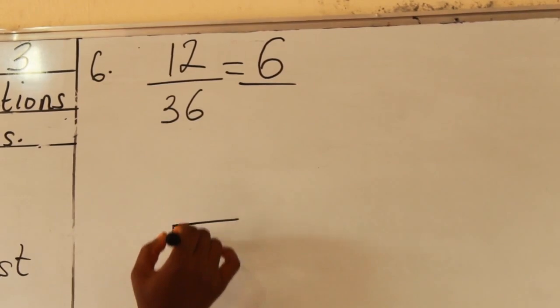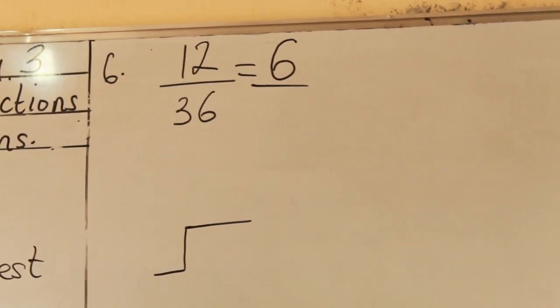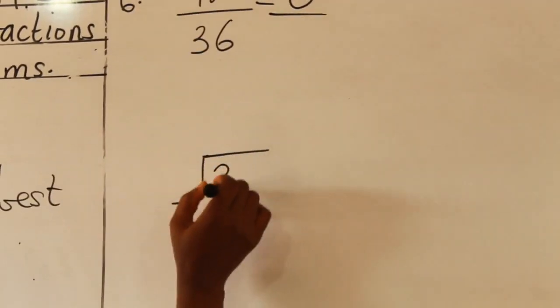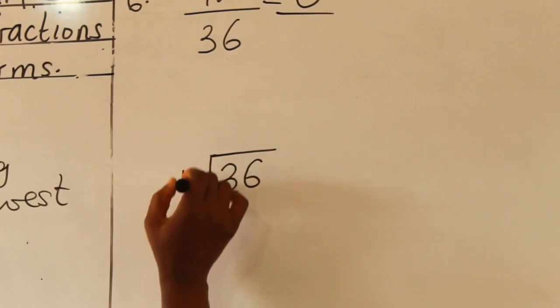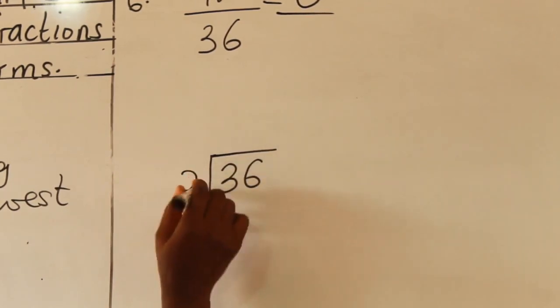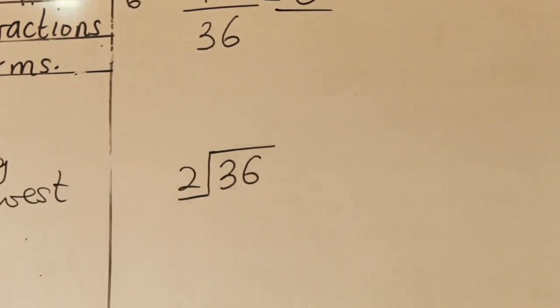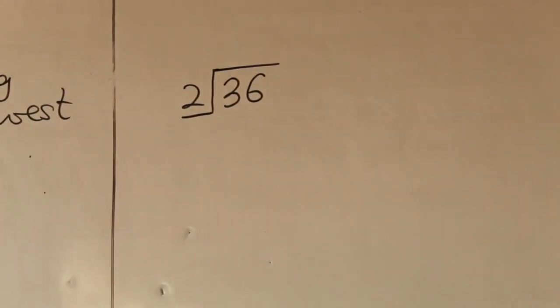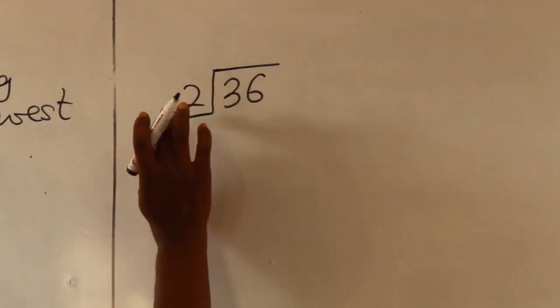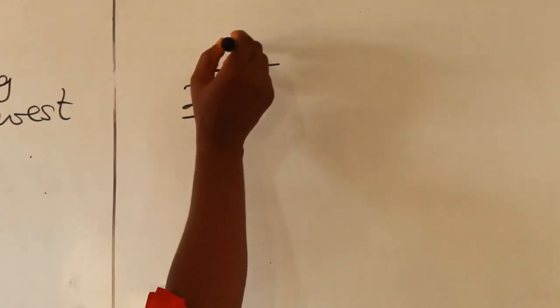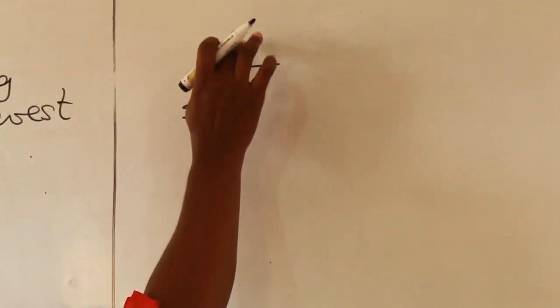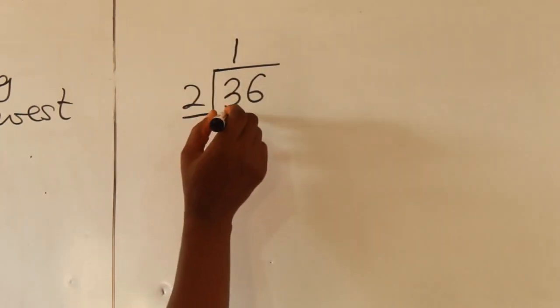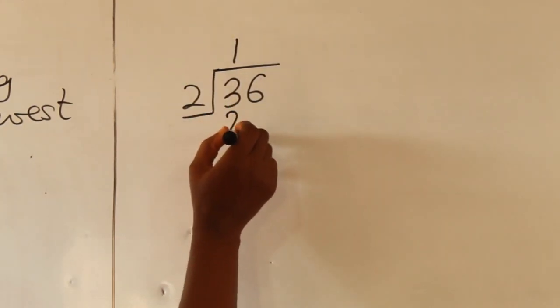Now, if you are not fast enough, you can quickly remember what I taught us last week, that you put in your number in here, and then you use your 2. How many times will you draw out 2 from 36? Okay, 3 divided by 2 is what? 1. 1 times 2 will give us 2.